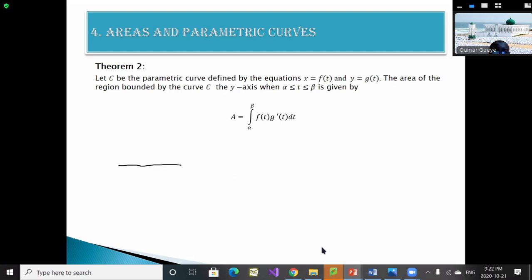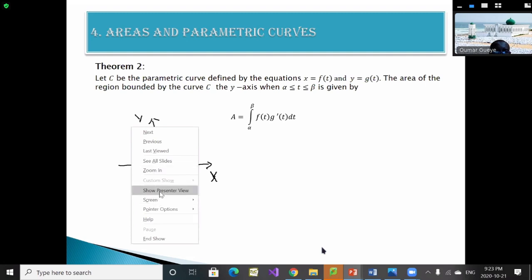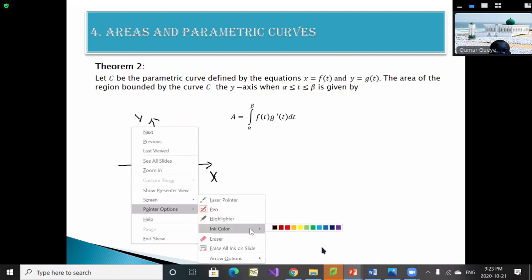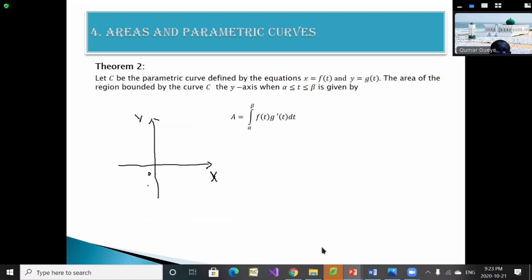All right, so we have the x-axis, for example, here, and we have the y-axis. And our curve, we just want to calculate the area of the region bounded by the curve and the y-axis. So let's say this is our curve.